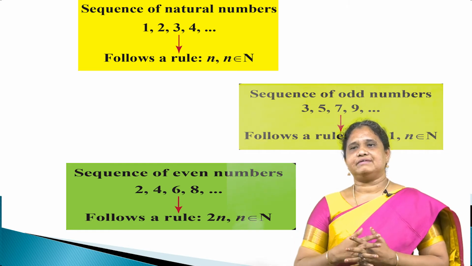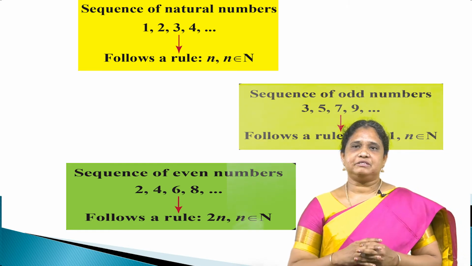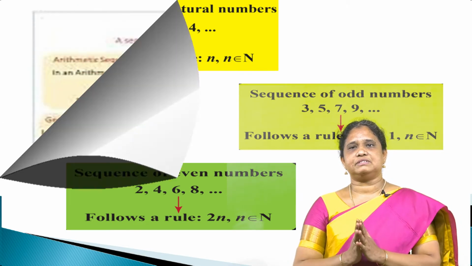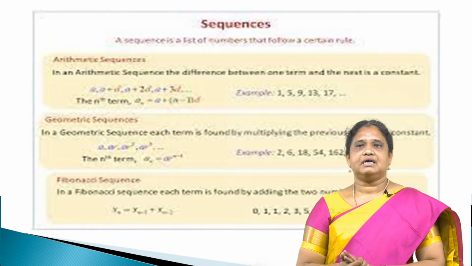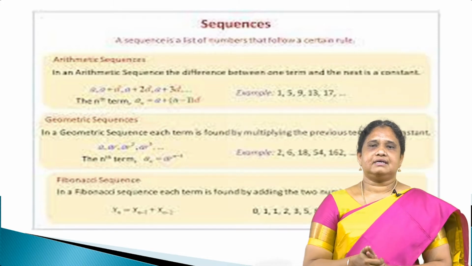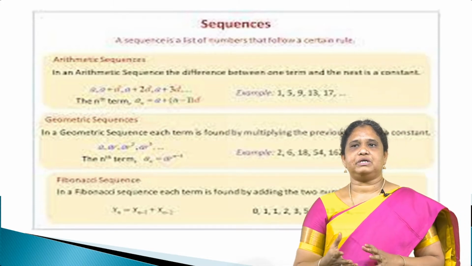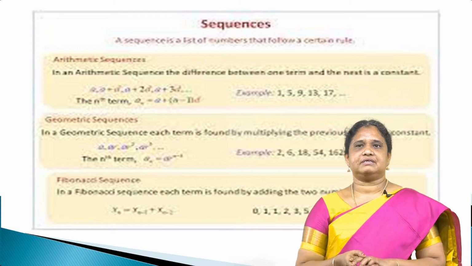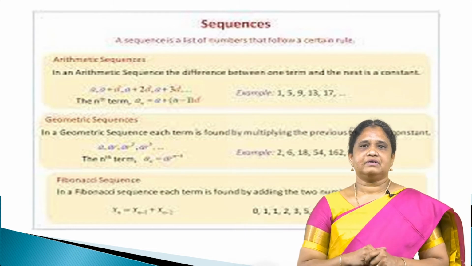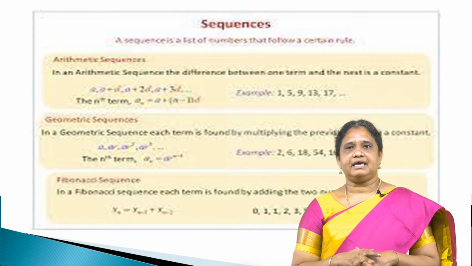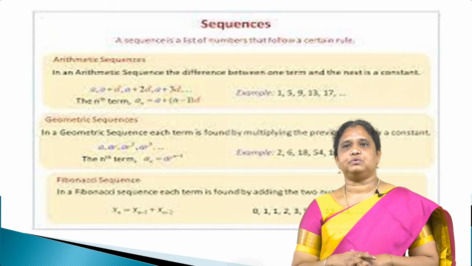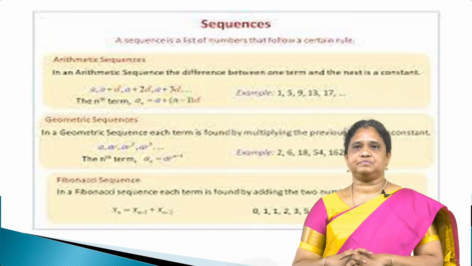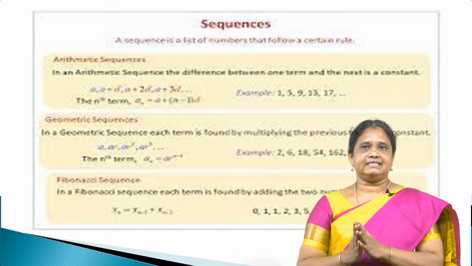We have also studied arithmetic sequences, geometric sequences, and the Fibonacci sequence. In an arithmetic sequence, the difference between any two consecutive terms is a common difference d, and the sequence is a, a plus d, a plus 2d, a plus 3d, etc. We studied arithmetic and geometric sequences in earlier classes.